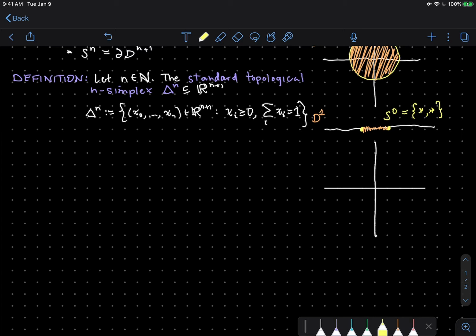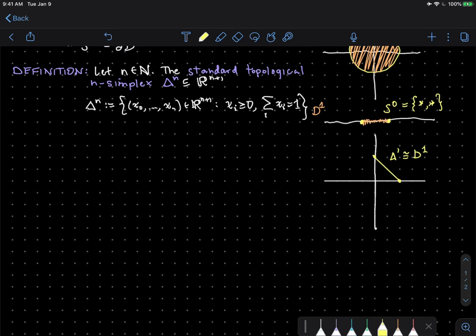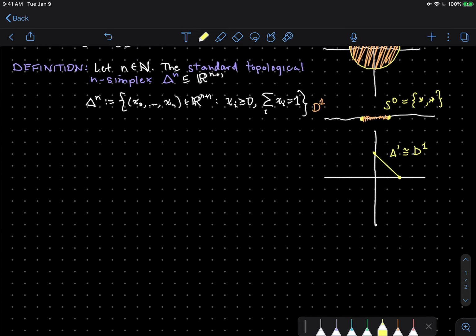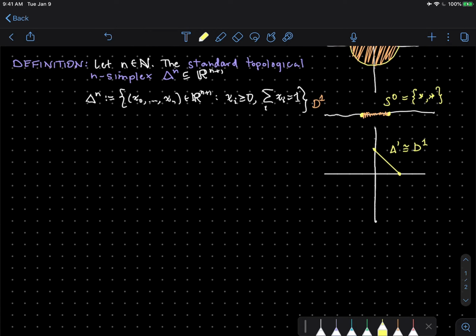The 1 simplex is going to be all those points between the x and y axes that lie on that line. So this is delta 1. Note that delta 1 is homeomorphic to the one disk, but it comes with a specific embedding into R2, whereas the one disk comes with a specific embedding into R1.